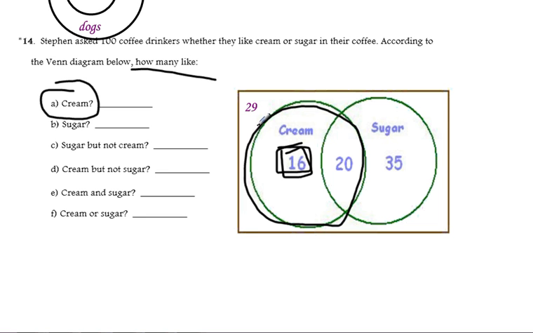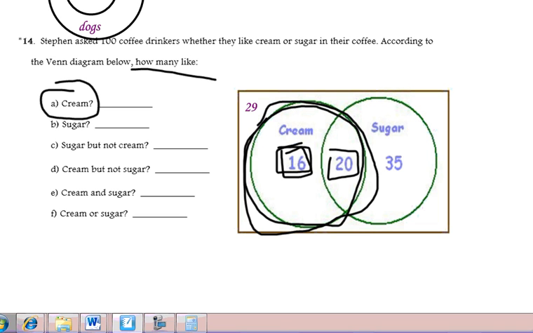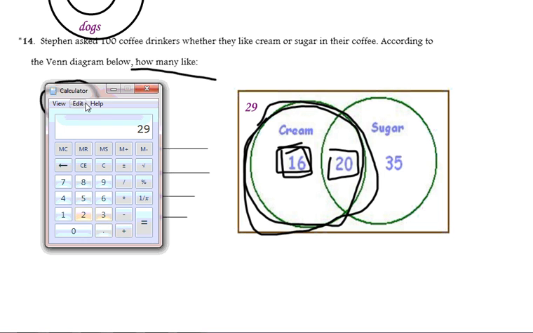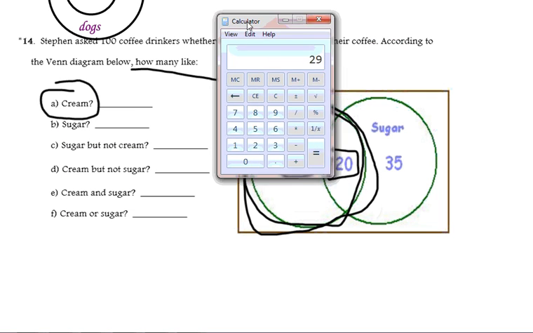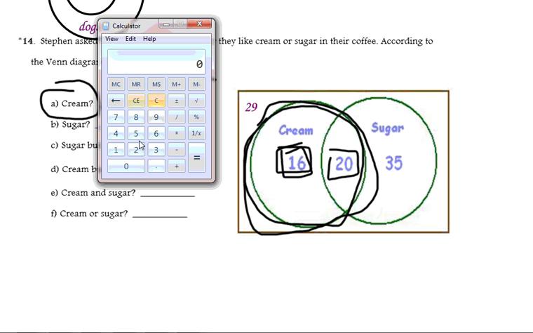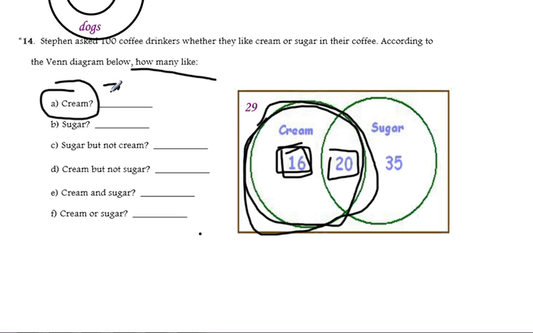But there are an additional 20 people here that are also inside the cream circle that we have to account for. Anything inside the cream circle likes cream. So we have to add the 20 to the 16 and we get 36. There are 36 people that like cream.